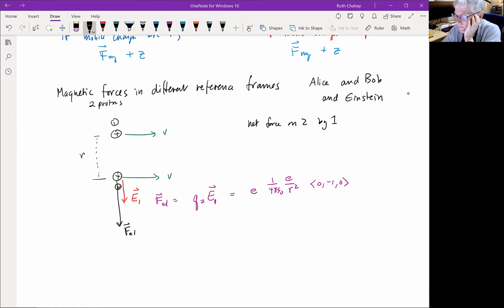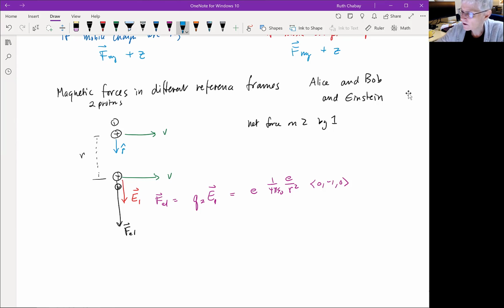Now, is there also a magnetic force on proton 2? Well, there ought to be, shouldn't there? Because proton 1 is moving. So presumably, proton 1 makes a magnetic field at the location of proton 2. So let's see. First of all, what's the direction of that magnetic field? This is going to be our r hat.